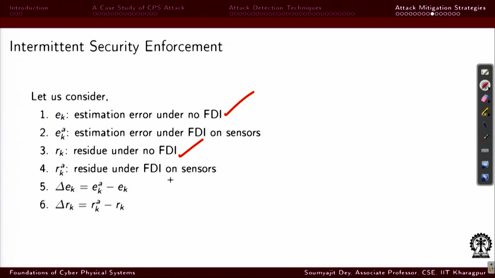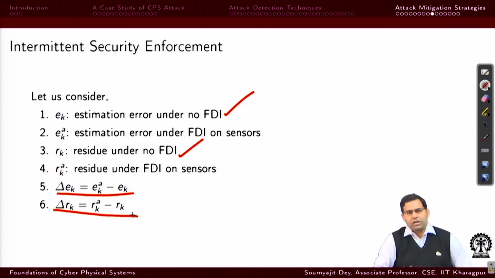Eventually we want to figure out the increment in the error and the residue, that means how much extra error is incurred in state estimation due to the attack, and how much error is incrementally incurred in the residue. So, basically with and without attack, how bad is the system response, how bad is the error and how bad is the residue calculation. That is what we wanted to figure out.